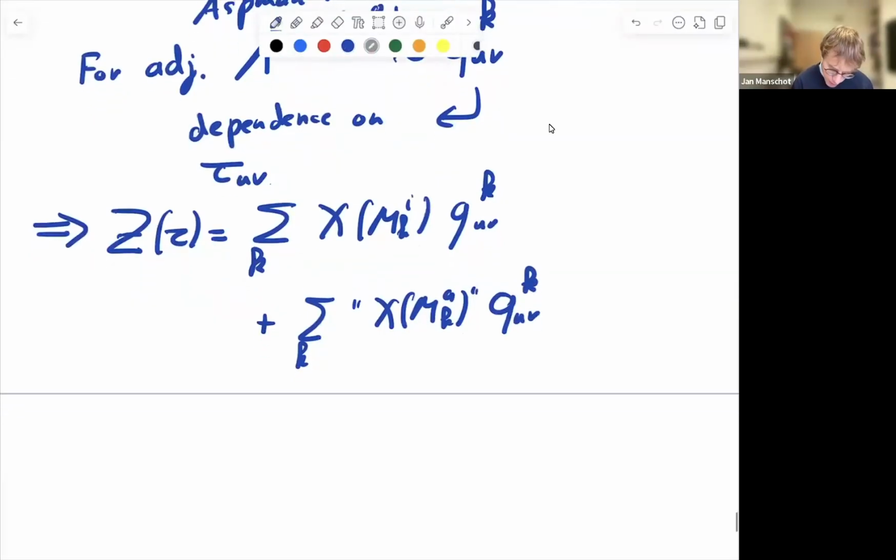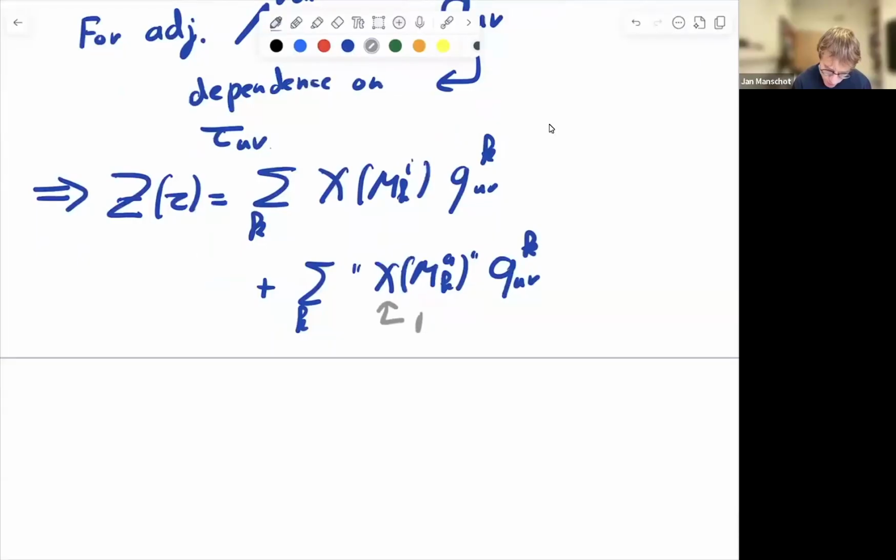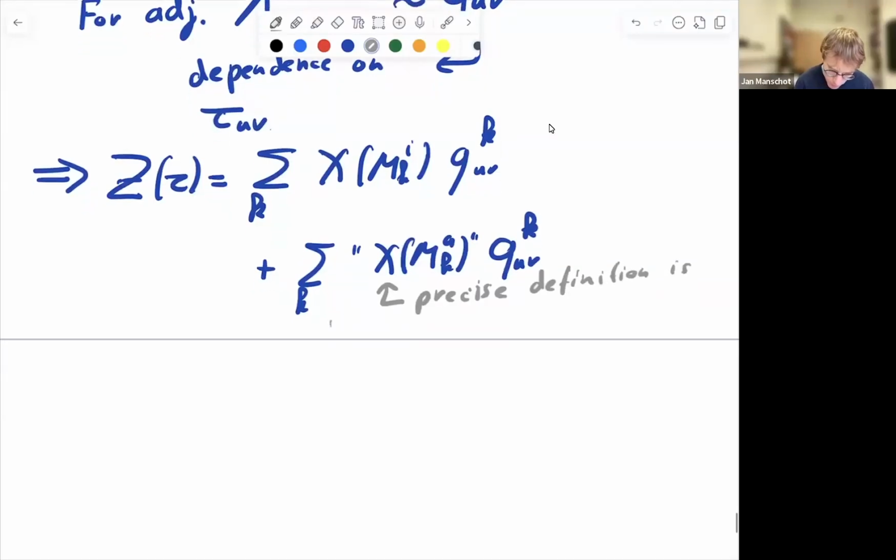The precise definition here is more subtle and more involved. And I would refer to the papers by Thomas, Tanaka, and Thomas from 2018, maybe, on Vafa-Witten theory.